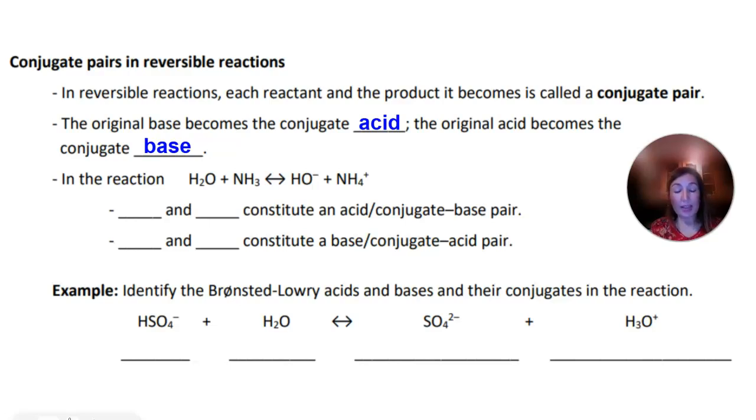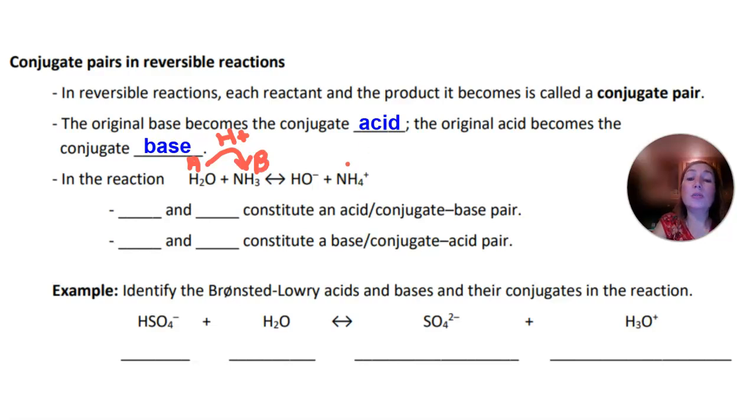In this reaction, water plus ammonia, NH3, react in a reversible reaction to make hydroxide and NH4+. In order to go from NH3 to NH4+, we need an H+ to go from water to NH3. So water is acting as the acid, and NH3 is acting as the base.